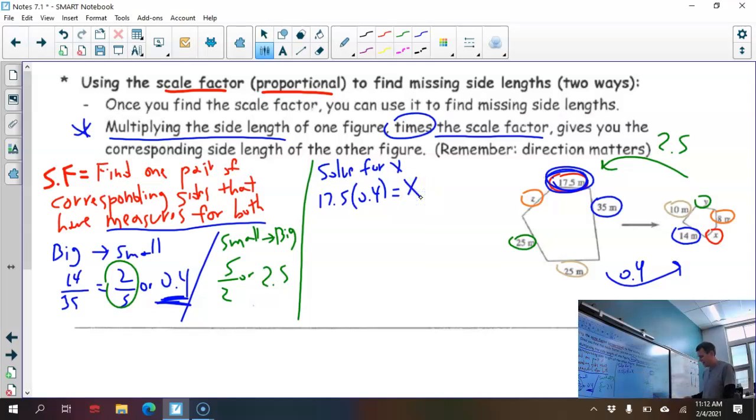So 17.5 times 0.4, what would that equal? That would equal 7. So X must be 7.